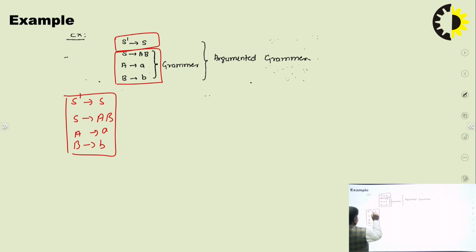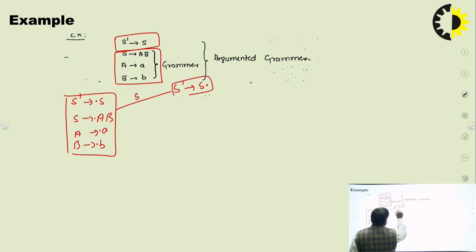Now here is a dot. This is the method by which we design the canonical items of the LR parsing table. Now what is the first step? The dot moves here, and the output is S, and S' tends to S dot. This is known as the final state.